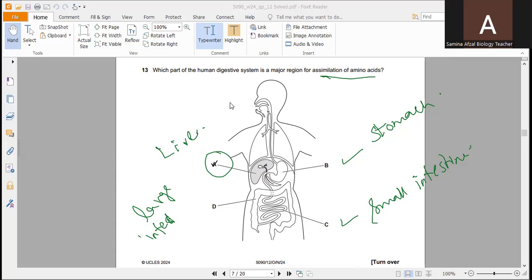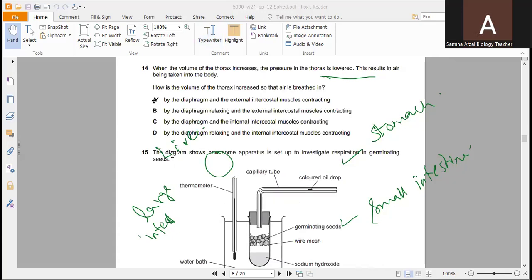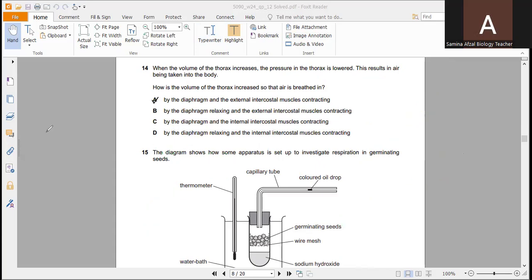Next question. Question number 14. When the volume of the thorax increases, the pressure in the thorax is lowered. This results in air being taken into the body.